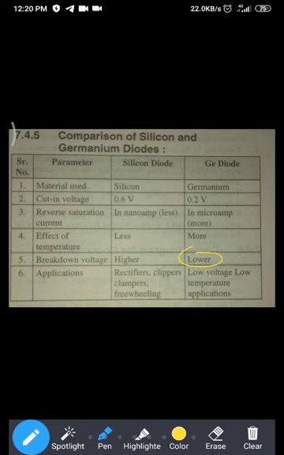Getting na? So this is a low voltage diode. Whenever the application is low voltage, low temperature, the germanium diode is used. When the temperature or voltage requirement is large, then we use a silicon diode. Getting? So this is the comparison between silicon and germanium diode.